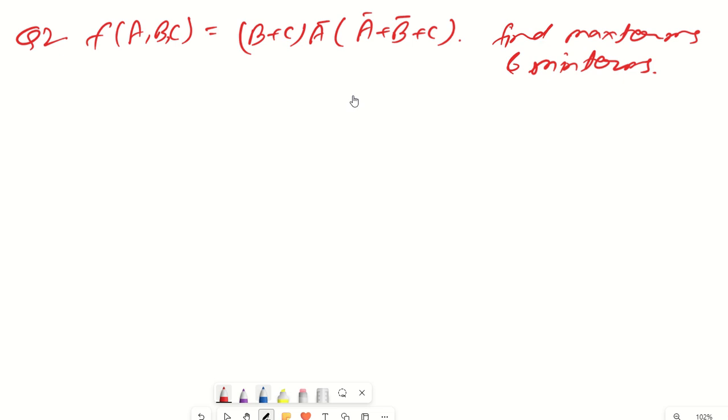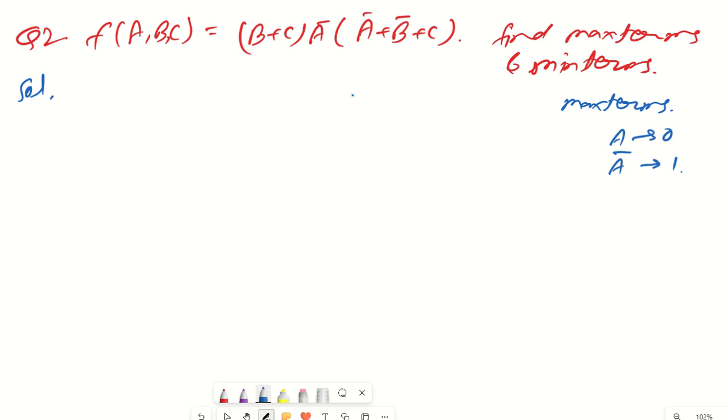So you already know for max term, what do we have? A is equal to 0 and A bar will be considered as 1. Okay, or variable is 0 and variable bar is 1. So with this we will try to write down the expression.